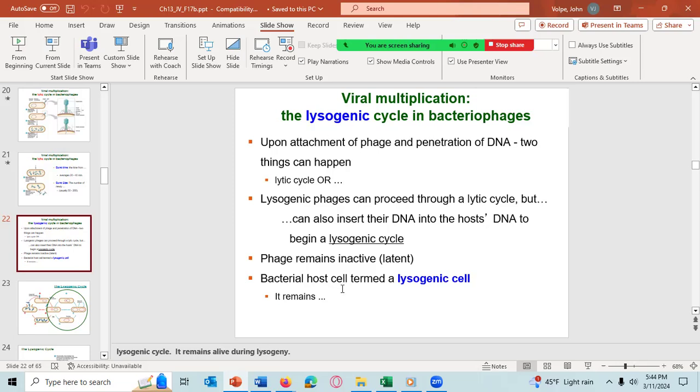What happens is there's a regulatory protein that shuts down the lytic life cycle, and while that's shut down, the lysogenic life cycle continues. So it remains in the lysogenic life cycle as long as that repressor protein is active. Any question about any of that?